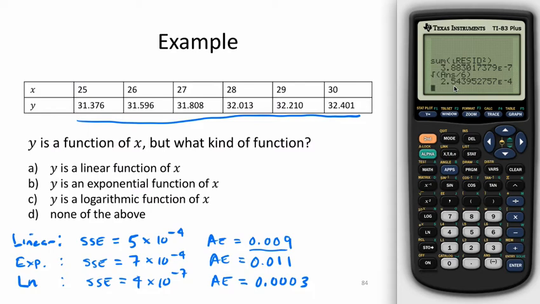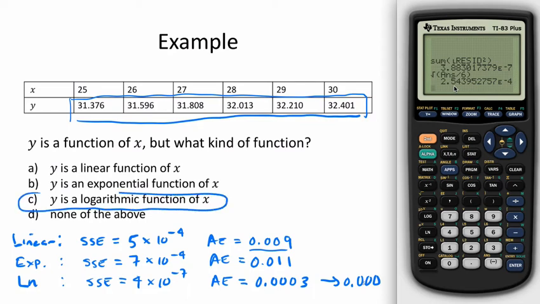That average error is not significant to 3 decimal places. If I rounded that average error to 3 decimal places, I would get 0.000, which is not significant to the 3 decimal place values given. And so my conclusion is that this data is logarithmic.